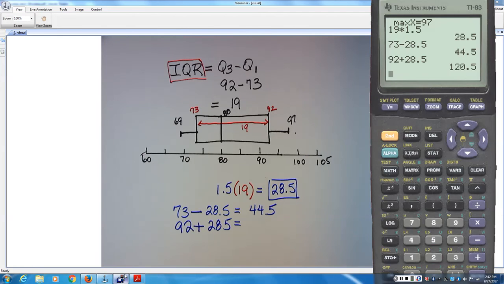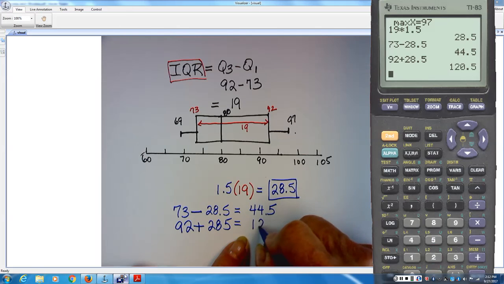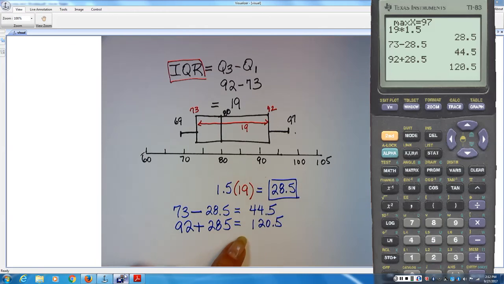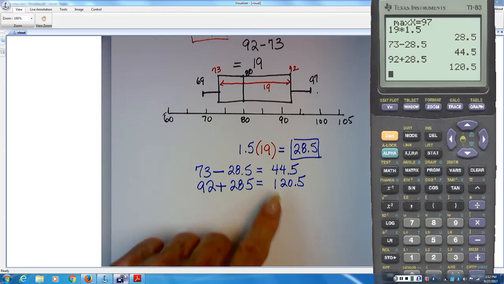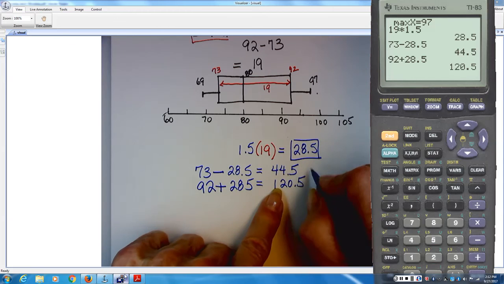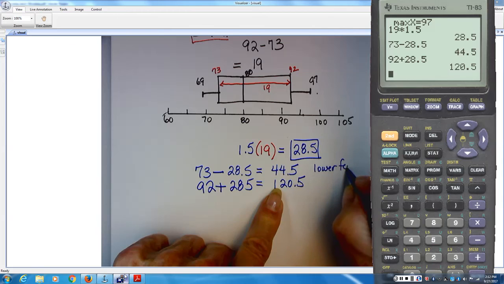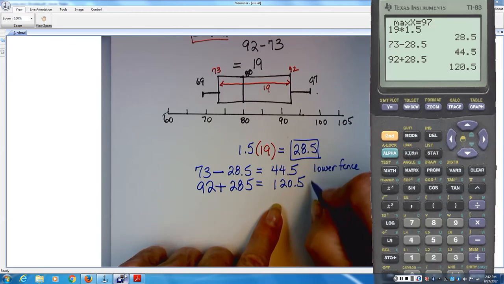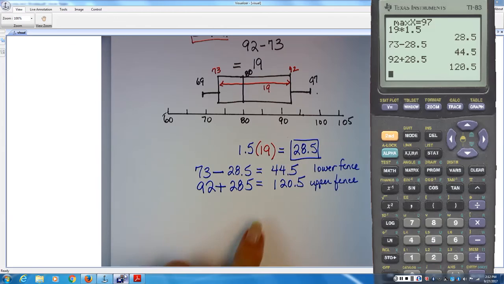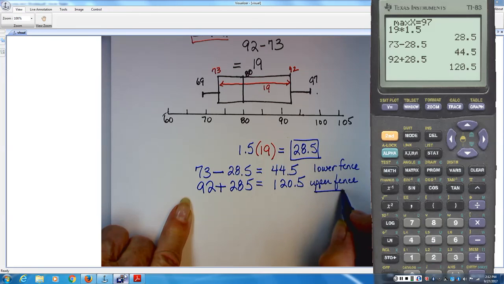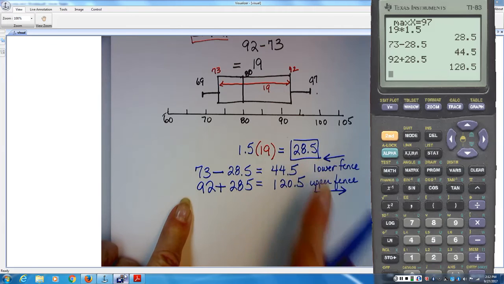And get 120.5. These are called your upper and lower fences. Anything that's higher than the upper fence or lower than the lower fence is considered to be an outlier. This data set has no outliers.